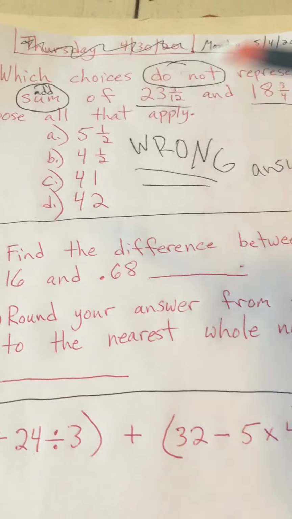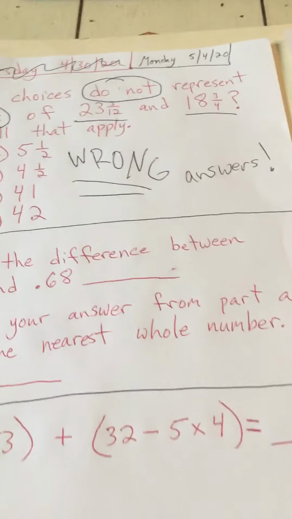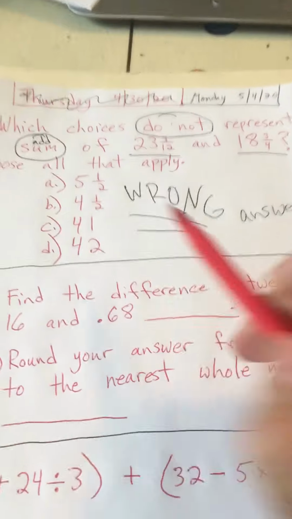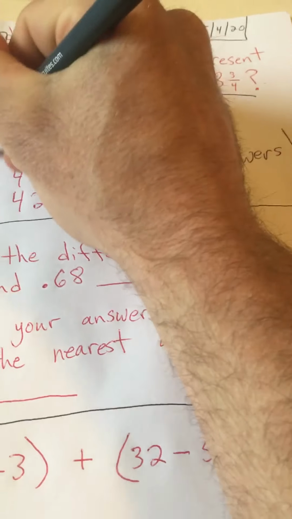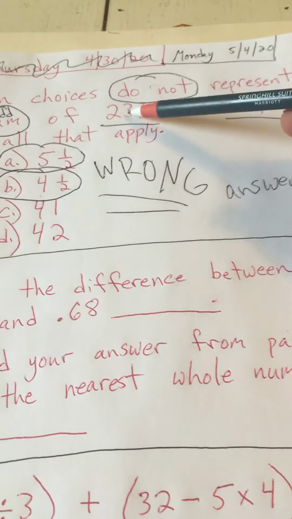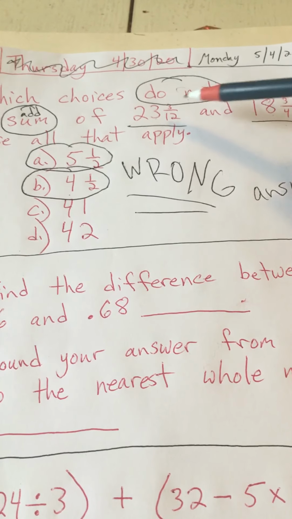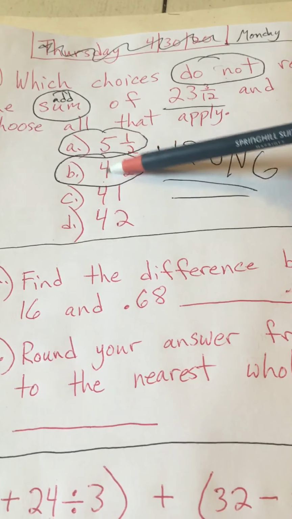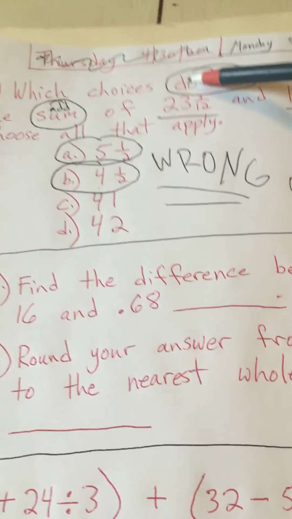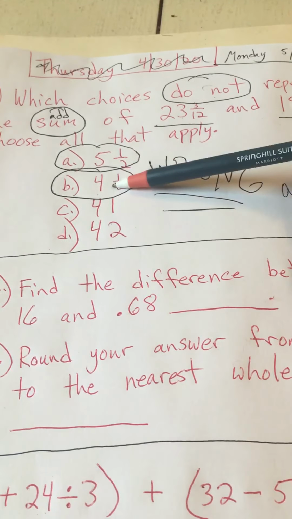So we can already go ahead and say that two of the ones that do not represent the correct answer are going to be 5 and a half and 4 and a half, because when you add these two numbers, they're going to be 40-something. So if you didn't know that sum meant add, then you might have subtracted and you might have gotten those answers. But those do not represent the correct answer, A and B.